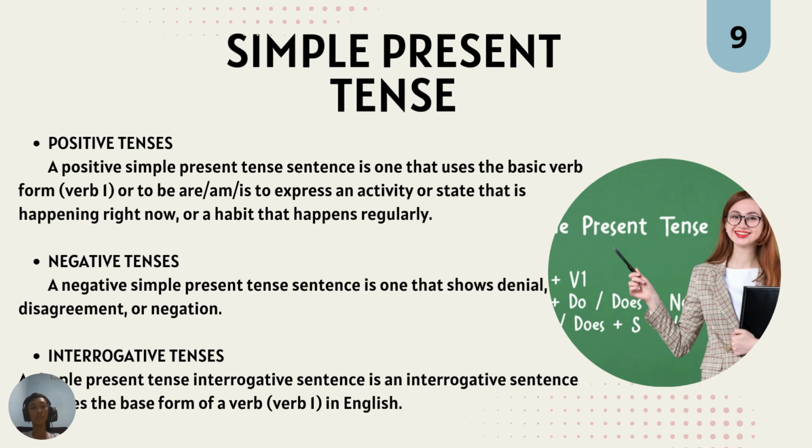Negative tenses. A negative simple present tense sentence is one that shows denial, disagreement, or negation. Interrogative tenses. An interrogative simple present tense sentence is an interrogative sentence, using the basic form of verb one in English.